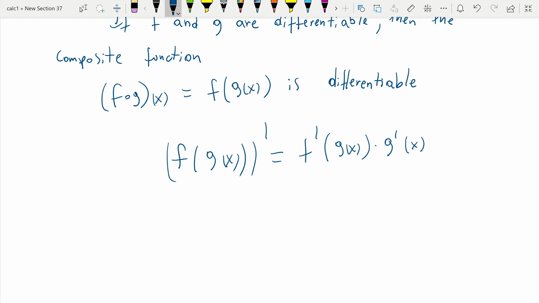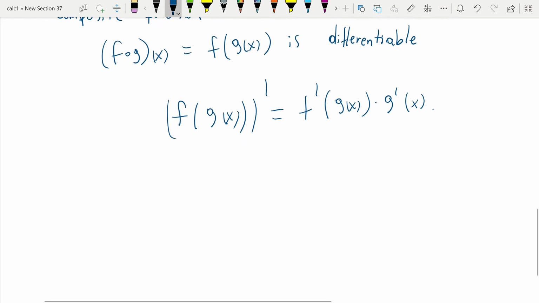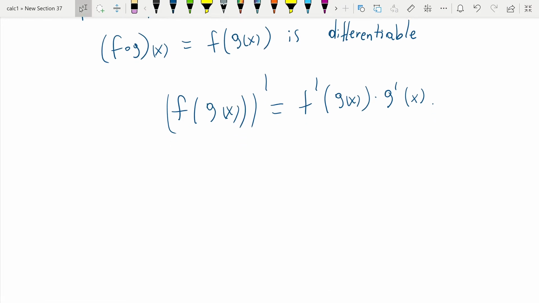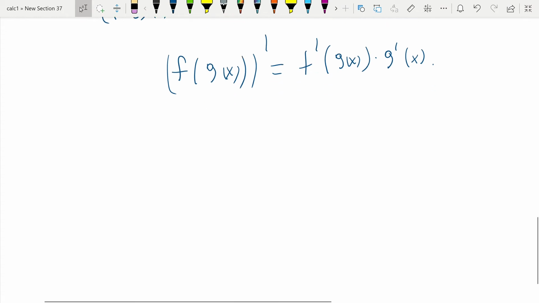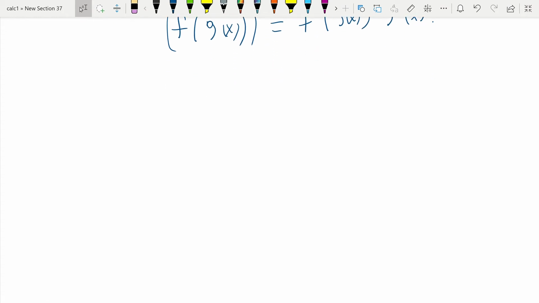Okay, so this is the chain rule. This is what the chain rule tells us. And this is the last of the rules we'll need in order to find all derivatives that are going to be known to us until the end of the semester. So we'll do a few examples.